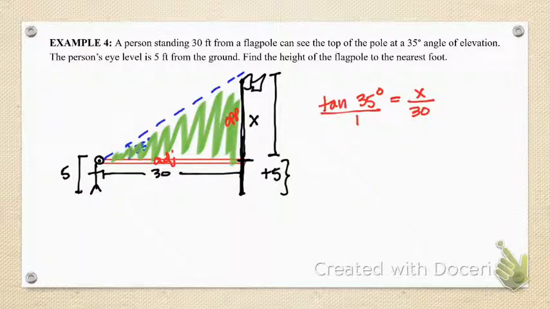We will replace tangent 35 with a known value from our calculator. So this is 0.700 equals x over 30, and solve this as a proportion.